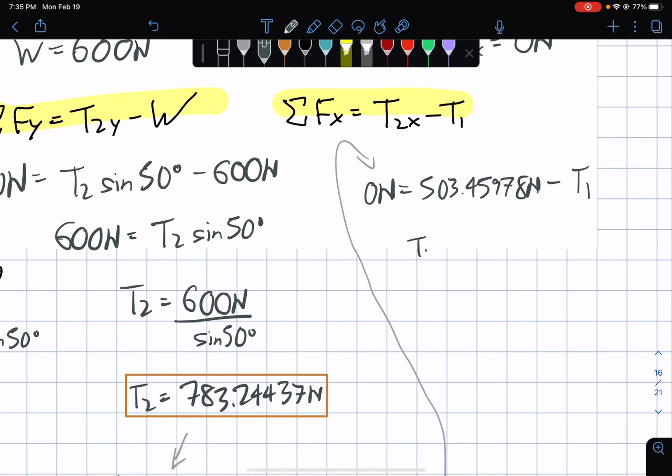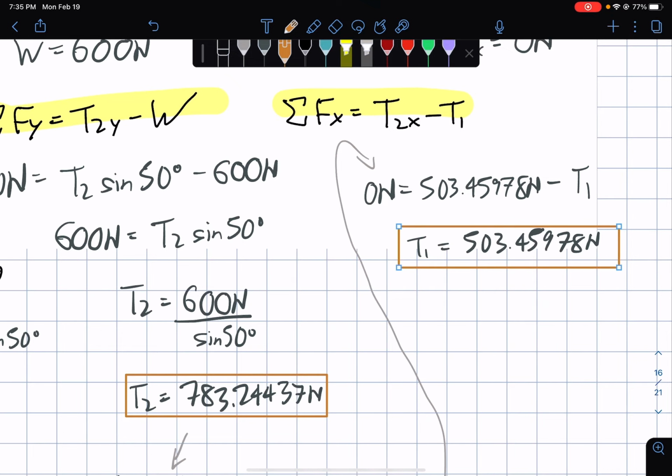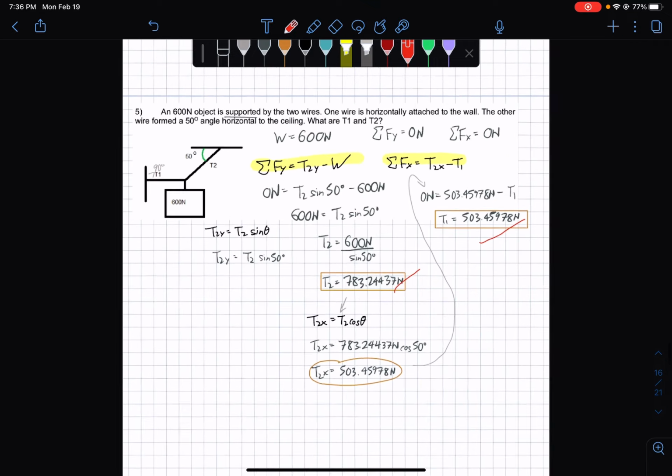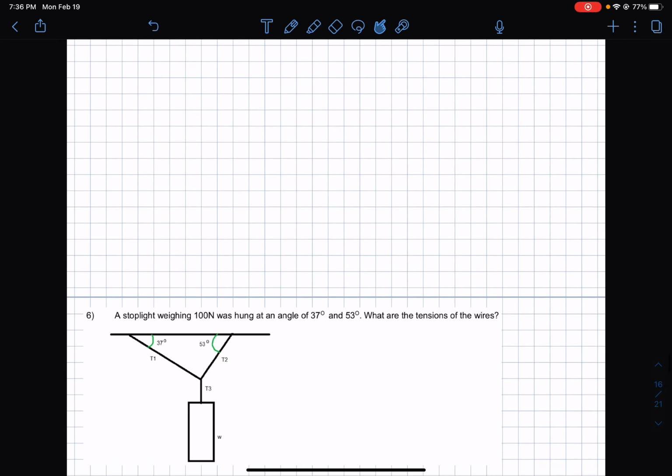So T1 is essentially the same. Okay, next.